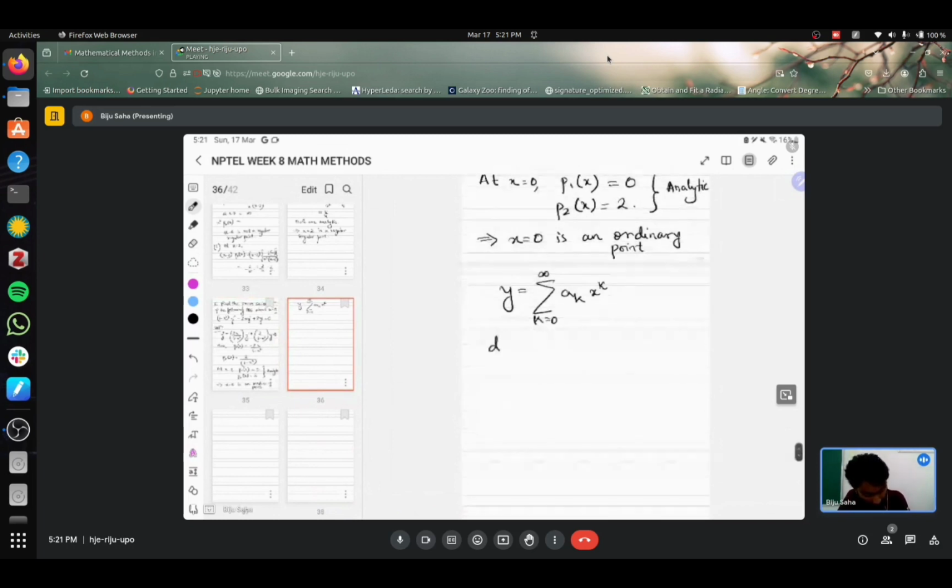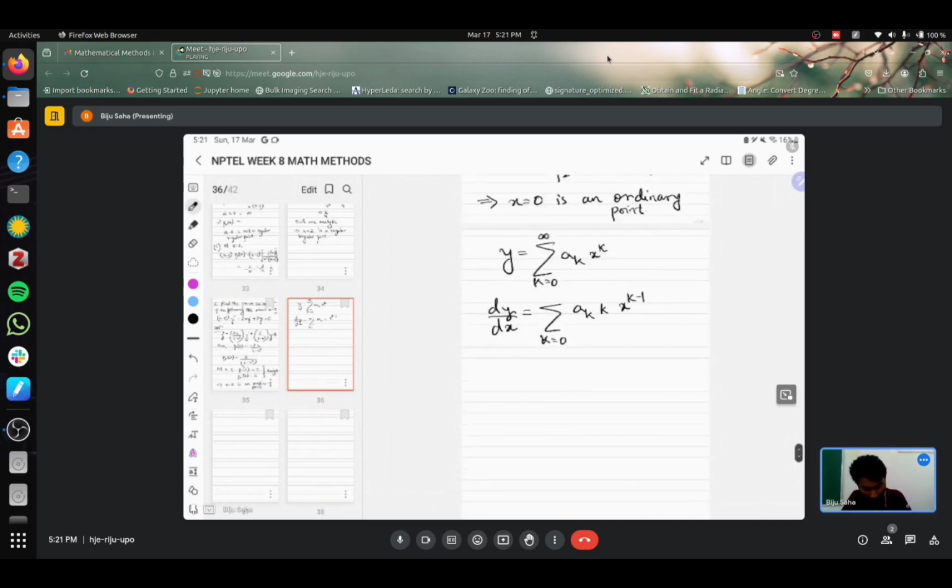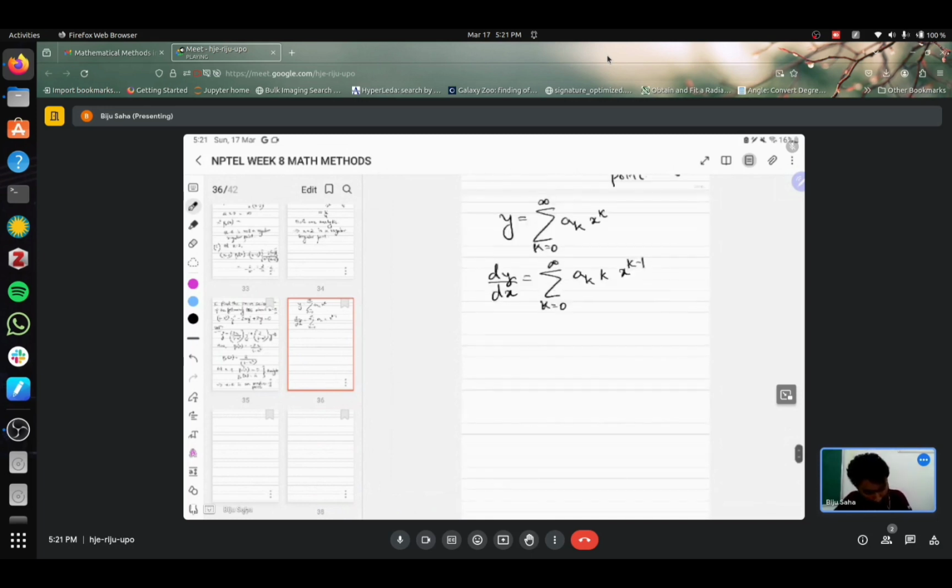So let me find out the first order derivative of this. That is basically, now the second order derivative is, so substitute all this in the given differential equation.